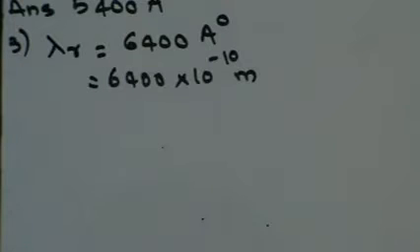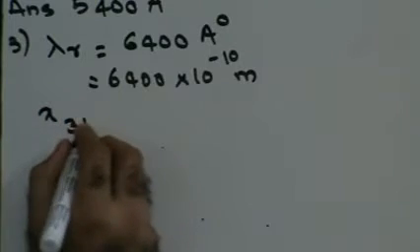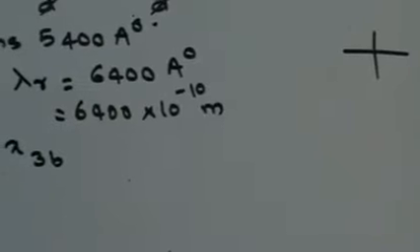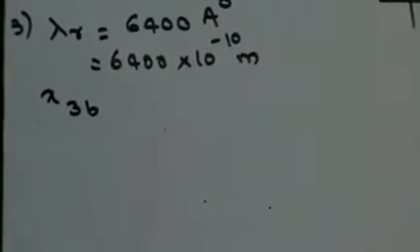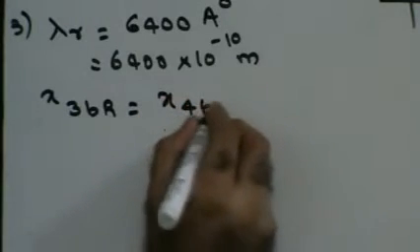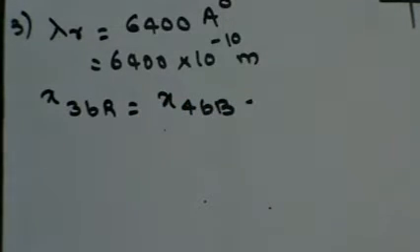Now see guys, when I was using red light, the cross wire was on third bright band. Cross wire, when you see through a scope to pinpoint, is the plus sign that you see. Now the third bright band for red, now instead of red, if I use blue light, the same thing is measured by the fourth bright band of blue. That means the third bright band of red corresponds to the fourth bright band of blue, right?